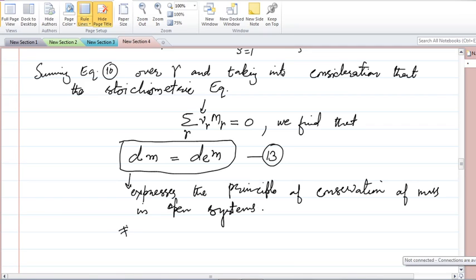It basically shows that the change in the total mass is equal to the mass exchange with the exterior or surroundings. Okay, thank you.